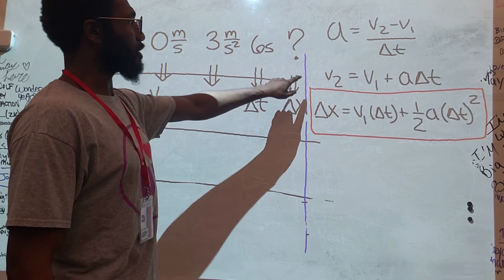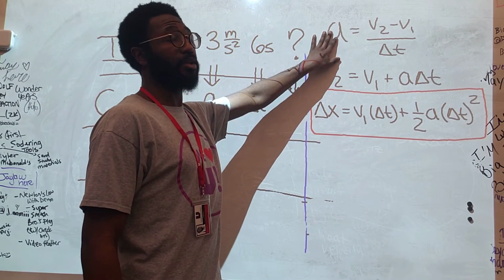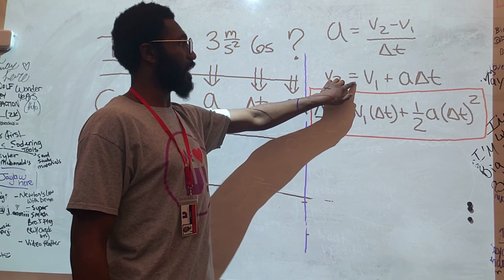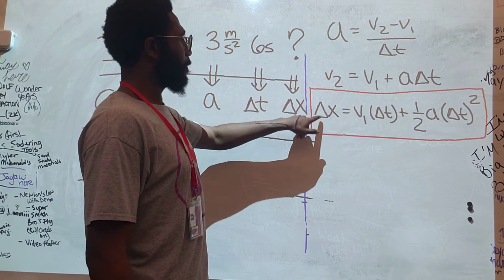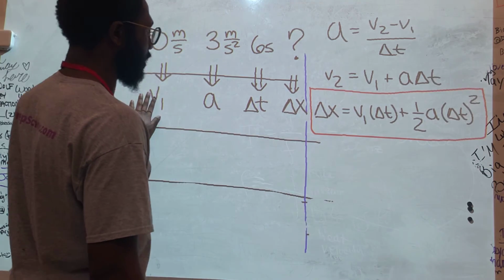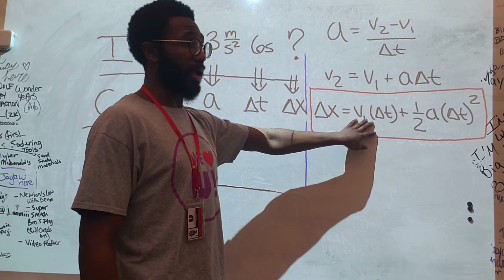Because we have delta x, when we look at this first equation, it does not have a delta x, so we can't use it. This second equation does not have a delta x, so we can't use it. The third equation has delta x, so that looks good. It's got our V1, it's got our delta t, and it's got our a. So this equation works great, all right?